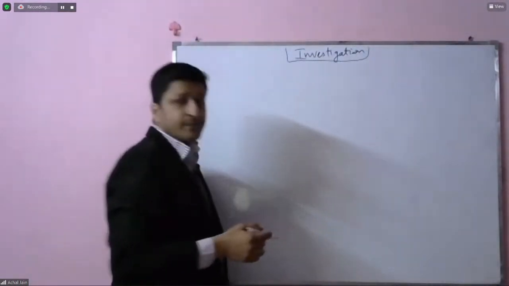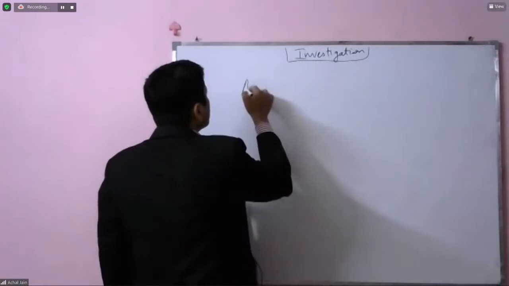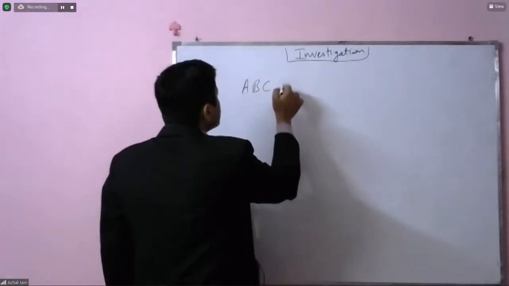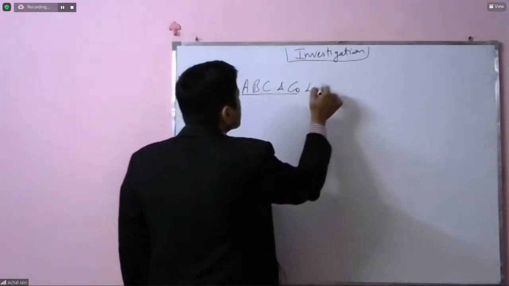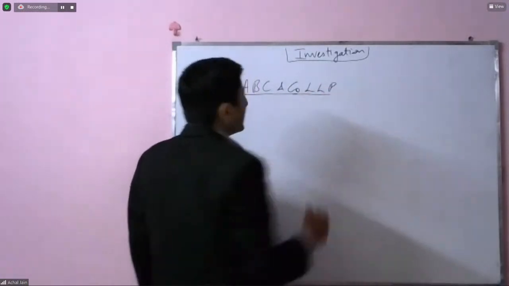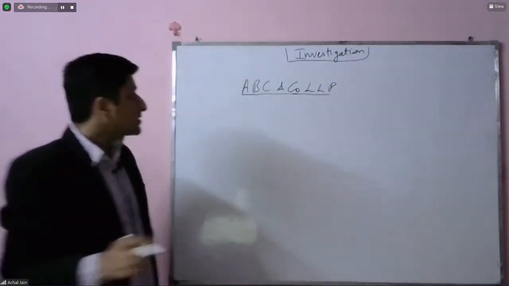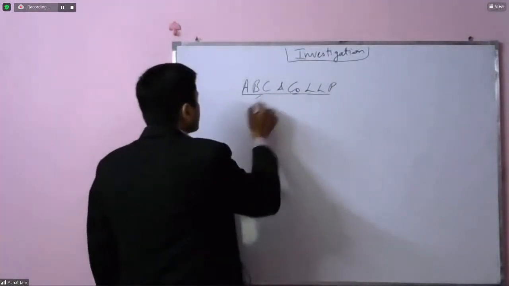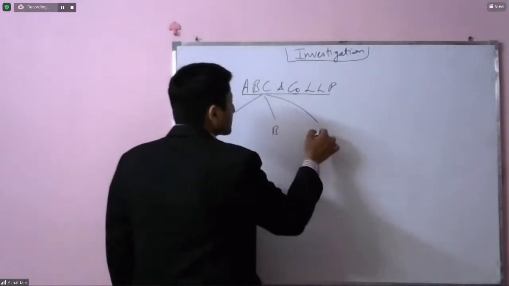Let's suppose there's a partnership firm, say A, B, C, and company. Let's suppose this is an LLP. A, B, and C are the three partners in this.